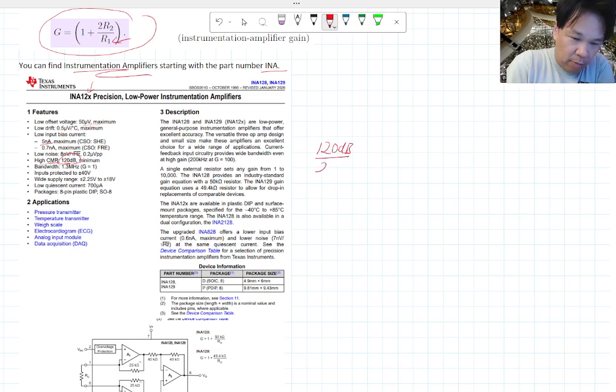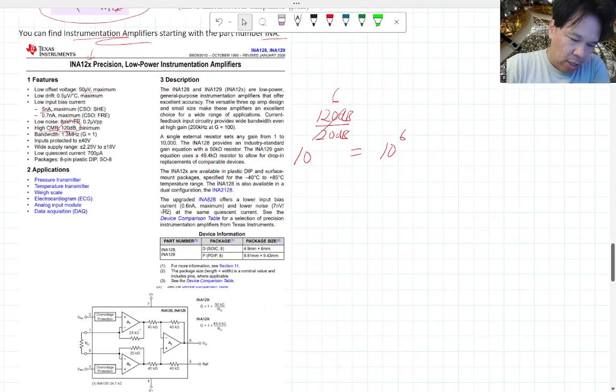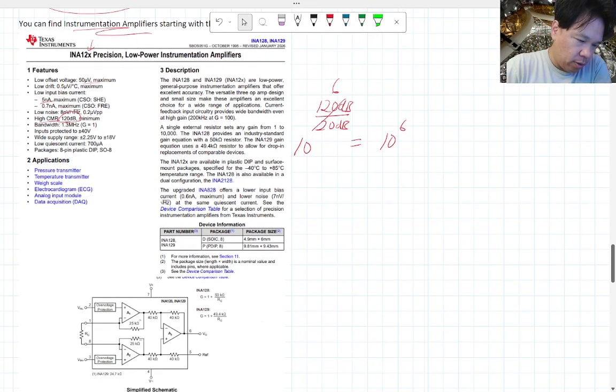If you divide that by 20 decibel and take that to the power of 10, because you're basically converting the decibel scale to just regular scale, this will give you 6. So yes, 10 to the 6. So you have a common mode rejection of 1 million between the common mode versus the differential mode. Let's see, is there something else we can look at here?